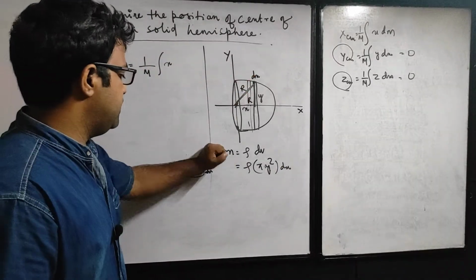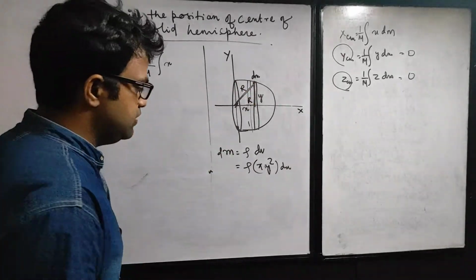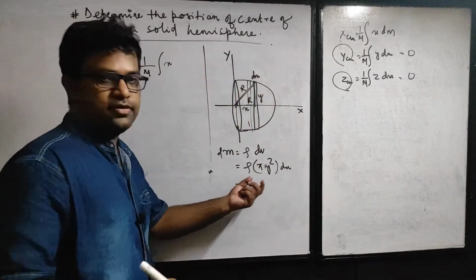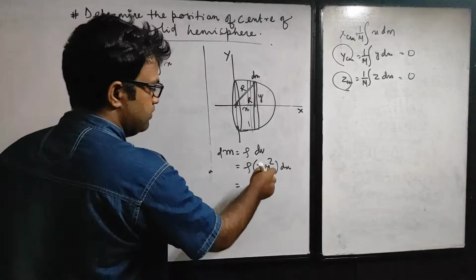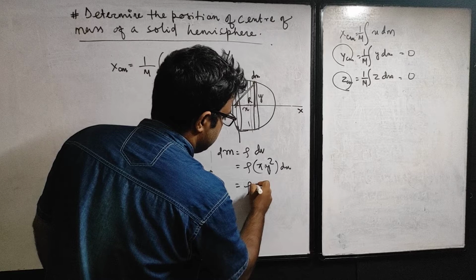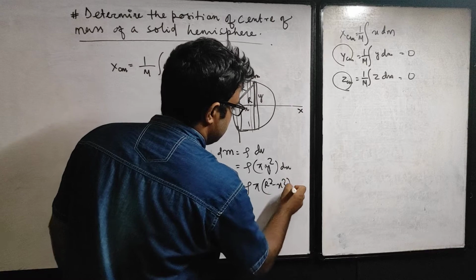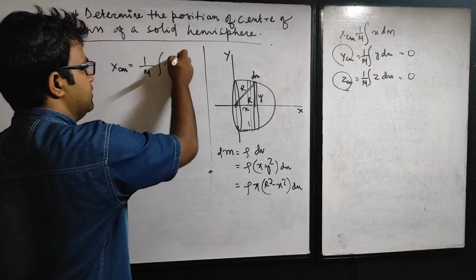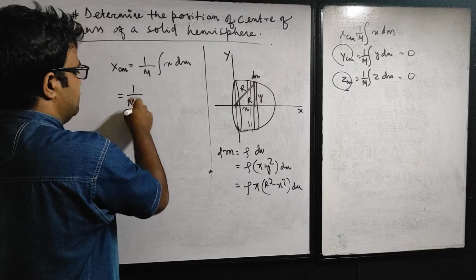The radius is y, so dv is pi y square dx. Y square I can write as R square minus x square, because I need the term in terms of x to find the integration. My operator is dx here, so I need to convert y in terms of x. So dv is pi times R square minus x square dx. I'll replace this dm here in x dm integration. So I can write this as 1 upon M, capital M, integration.